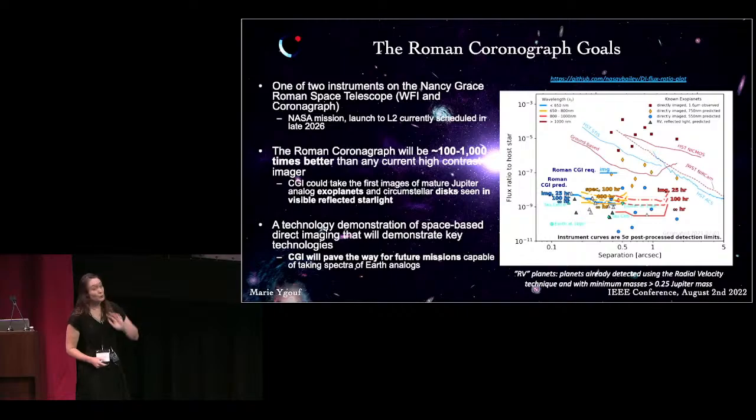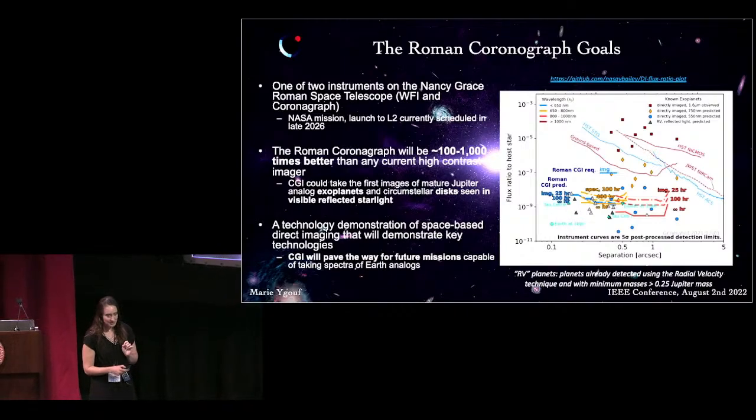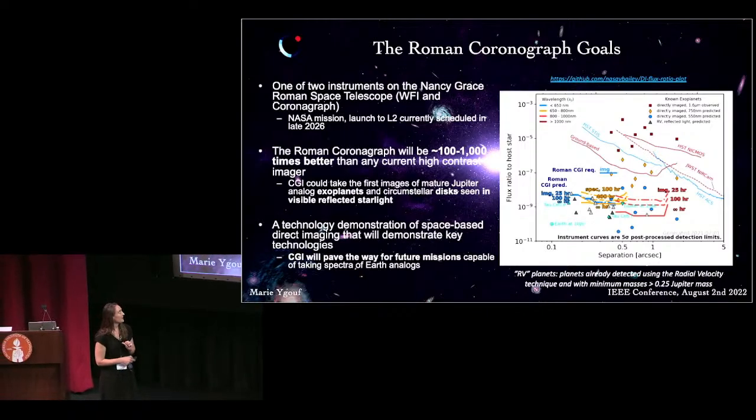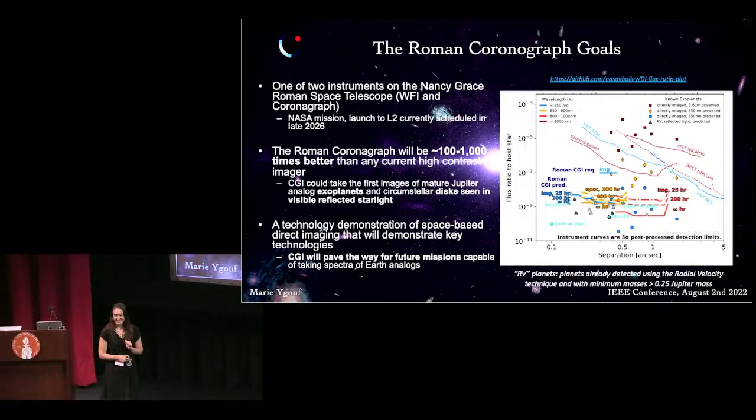So what are the goals of this coronagraph? First of all, I'd like to tell people that this telescope and instrument is coming very soon. We just launched James Webb, but we are already looking forward to this one, which should be launched in 2026 at the earliest. It's a NASA mission that's going to be launched to L2.